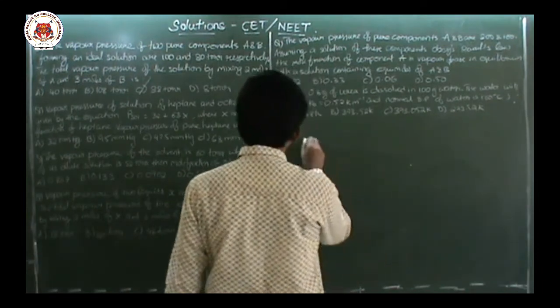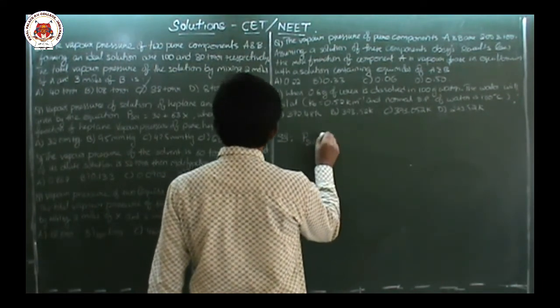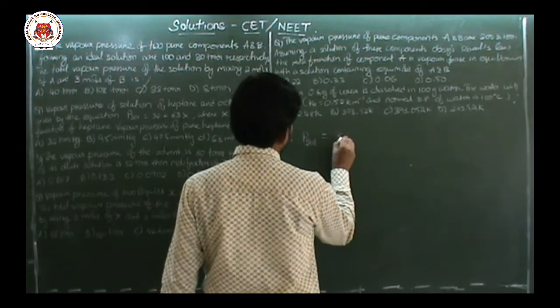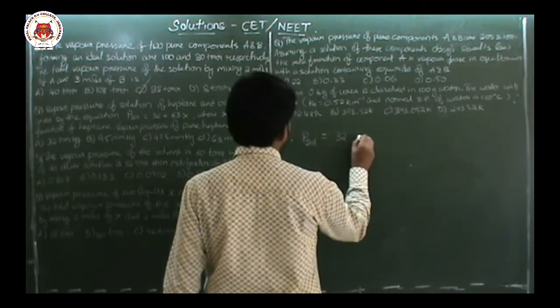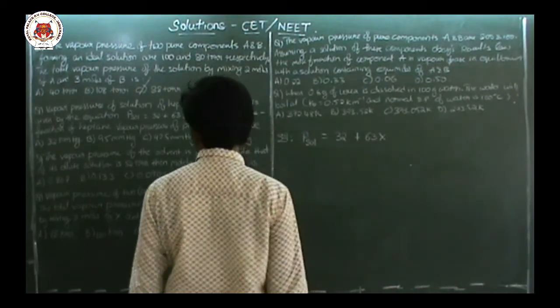So here the information is given in the form of P solution is equal to 32 plus 63x. This is the information given to us.